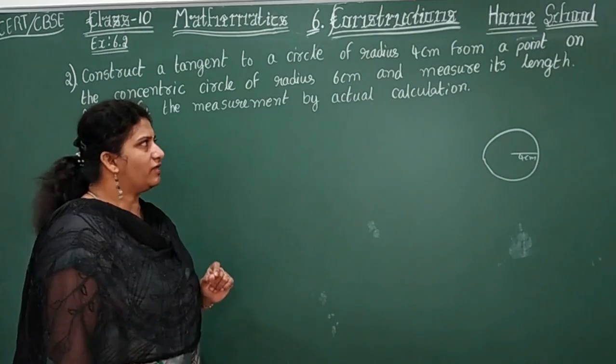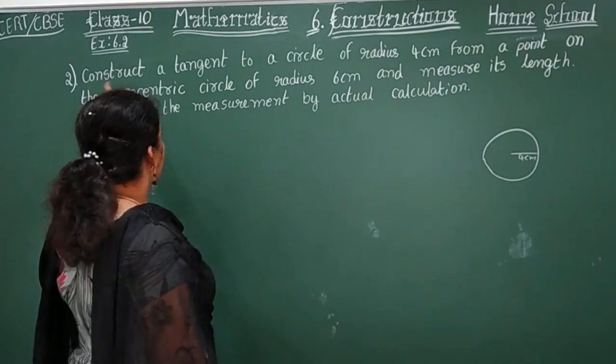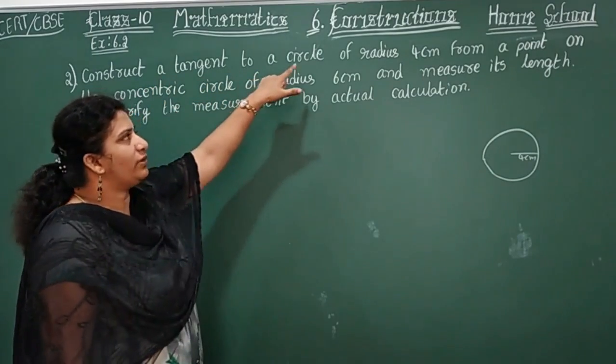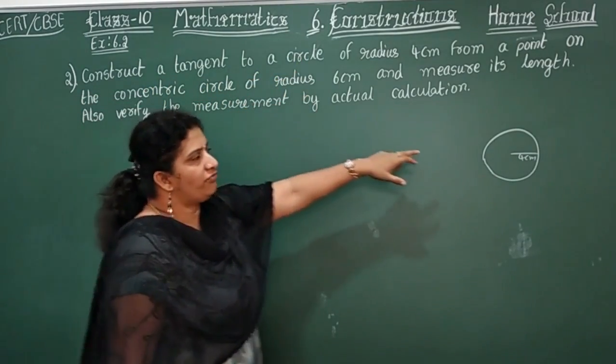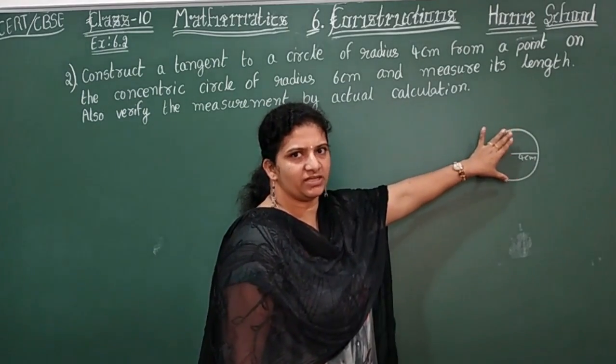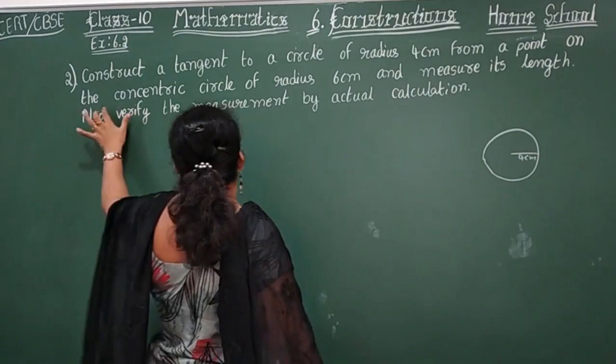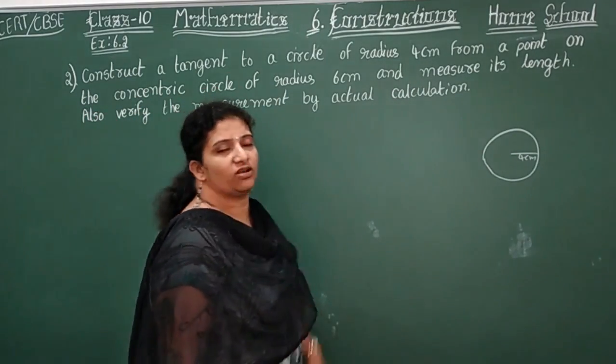So look here, observe carefully. What is this? Once again, let us see. Construct a tangent to a circle of radius 4 centimeters. Okay, for this 4 centimeter circle, we have to draw a tangent from a point on the concentric circle of radius 6 centimeters.